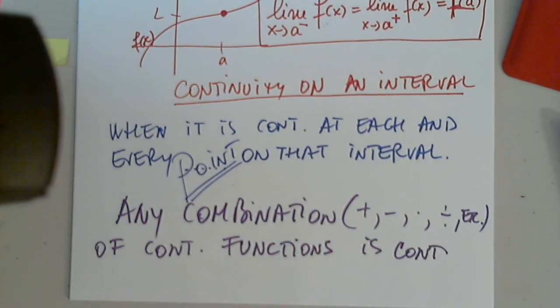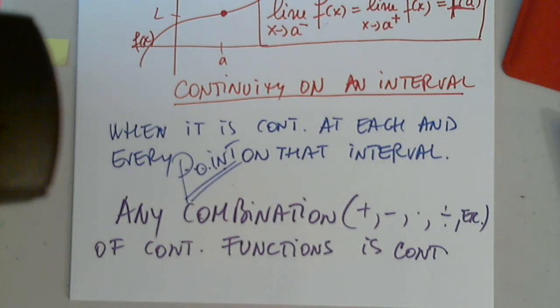Thank you very much. Indeed. If I add two continuous functions, they will be continuous. So the new function will be continuous. If I subtract two continuous functions, the difference will be continuous. And the same thing with the function composition.